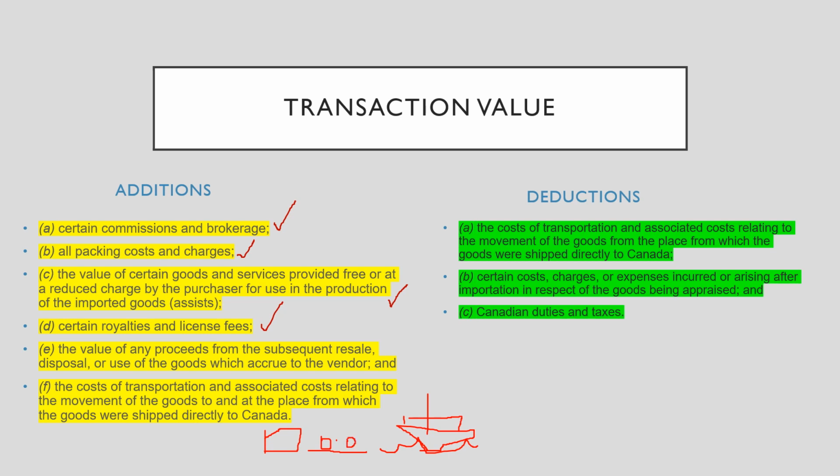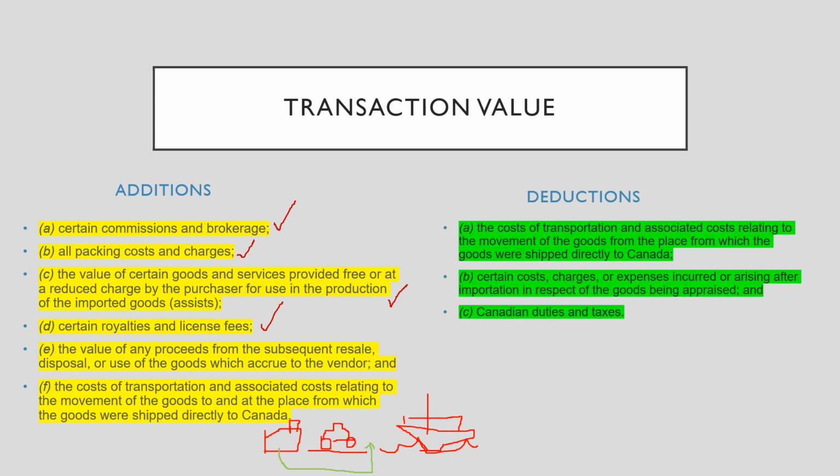That transportation cost should be added to the value of the goods, and I'm making this very clear because there are other transportation costs that are actually deducted. So this one will be added to the goods because it's adding value to that good. From here to, let's say, the port will be added.